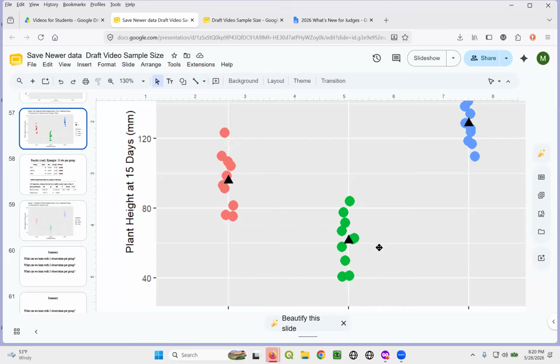Right? That's obvious. And it's a mistake that I know I was guilty of back before I really understood this stuff. You just put your stuff into the software and it gives you a p-value and you say it's significant or it's not significant. And somebody who knows what they're doing looks at the graph and goes, why do you need a p-value here?